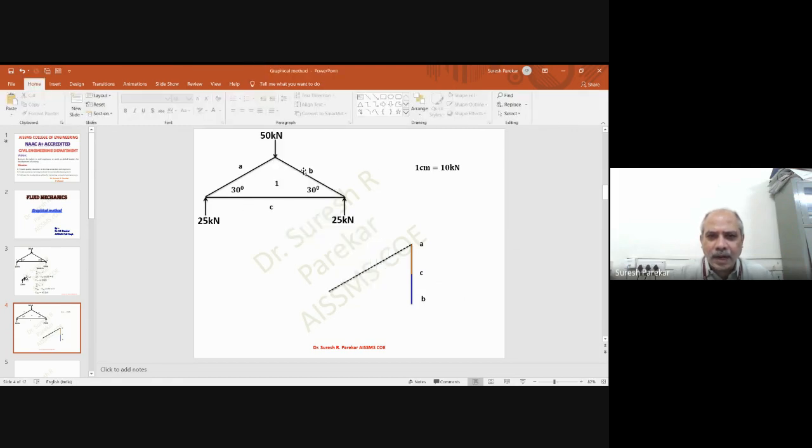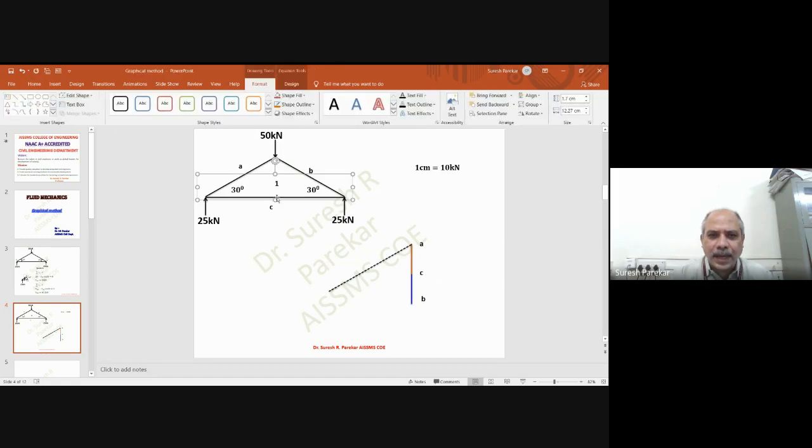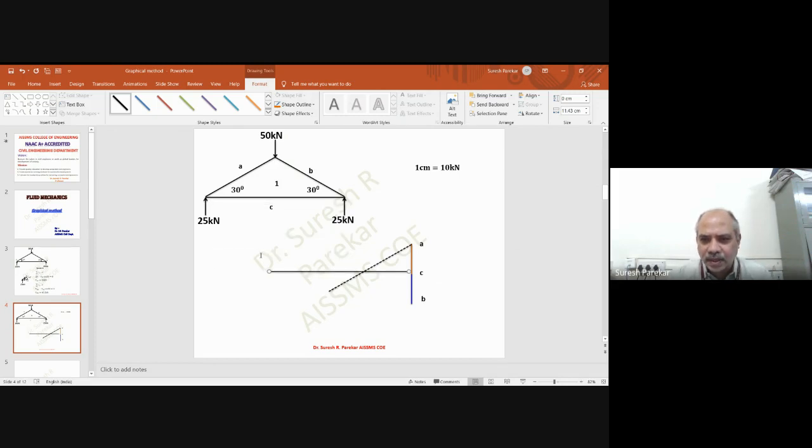Now I will plot BC1. Now C1 we have parallel to this horizontal member. So we will plot it to the horizontal member. So from C we are going to plot it, and then we will take it as horizontal from point C. So I will make it less.